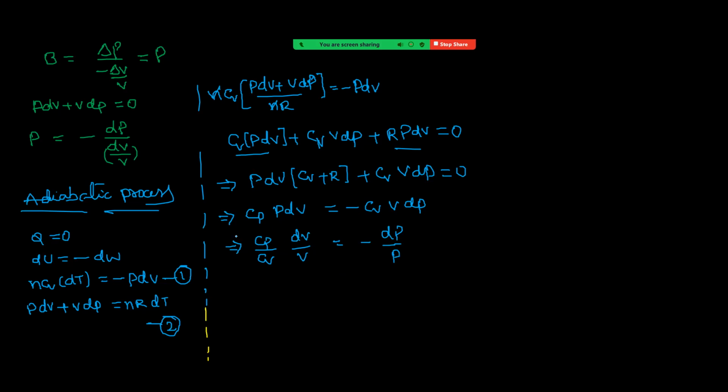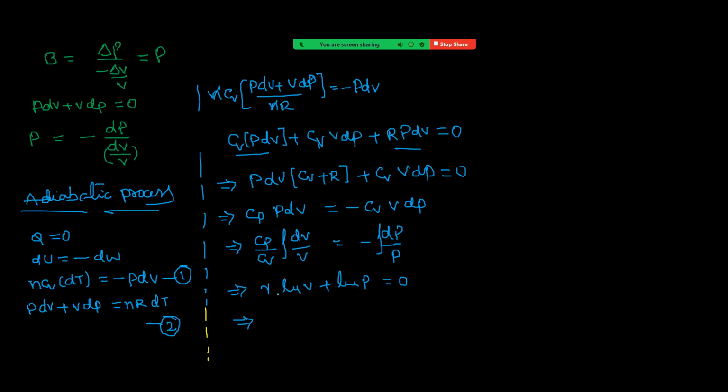I have taken Cp by Cv, dV by V is equal to minus dP by P. Cp by Cv is known as gamma, right? Now integrate this, then see what we get. Gamma ln V plus ln P equal to 0.